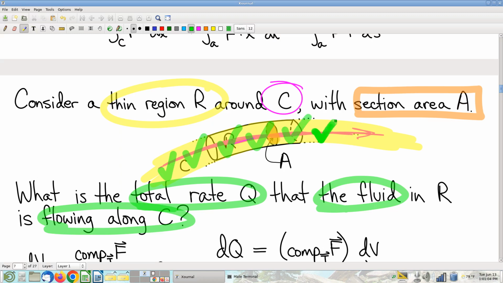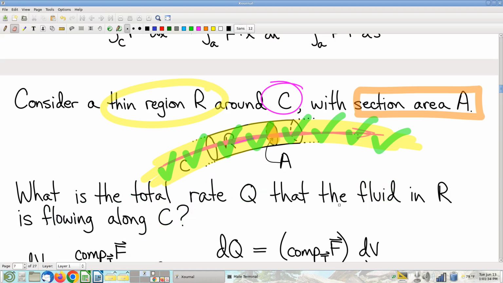Every piece of that fluid, I want to ask not how fast is it flowing, but what is its flow along the curve? Not perpendicular to the curve, not off at some angle, but along the curve. And again, I'm asking this question about all of the fluid together. So kind of a weird construction.